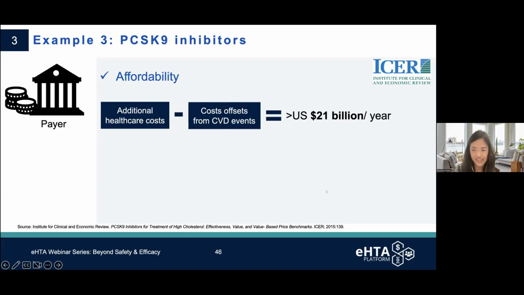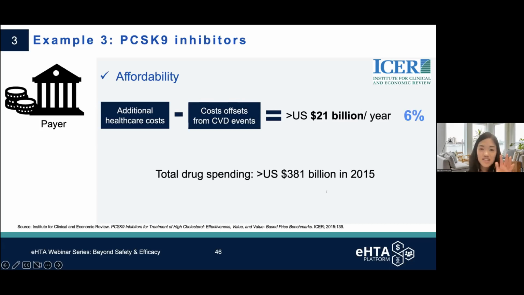So they conducted a budget impact analysis that looked at how much it would cost healthcare systems to treat all eligible patients that would receive PCSK9 inhibitors. And they found that it would cost about $21 billion a year to give all eligible patients PCSK9 inhibitors.